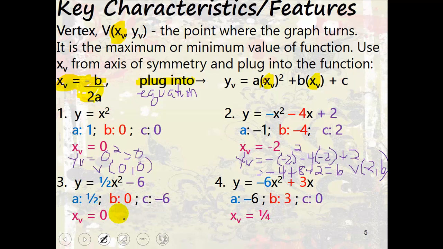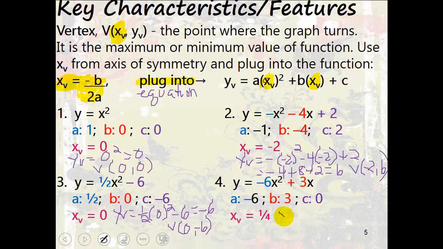The y-coordinate of my vertex is equal to 1/2 times 0 squared minus 6. So that gives me negative 6. So my vertex is 0, negative 6. So here my vertex is the same as my y-intercept. Sometimes that happens, and that's okay.